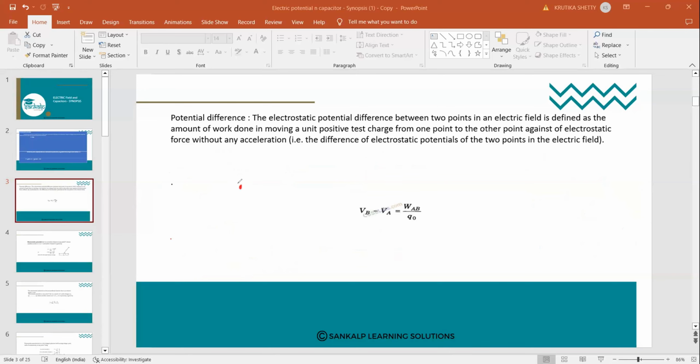Suppose you consider this point P surrounded by the charges Q1, Q2, Q3, like that, n number of charges. The electric potential for the system of charges is given by 1 upon 4 pi epsilon naught summation of i from 1 to n, Qi divided by Ri. Okay. So this is the potential due to n number of charges. So take down this formula also.